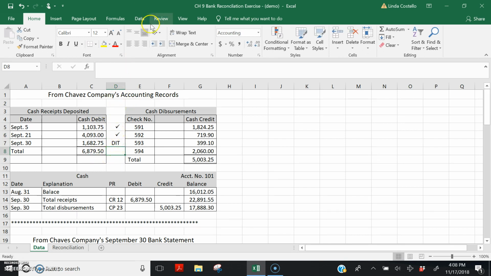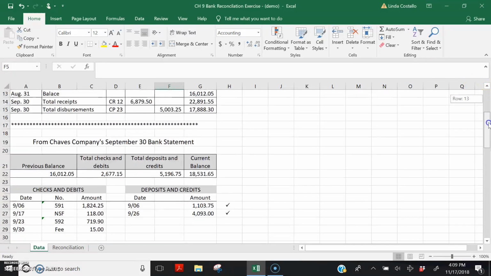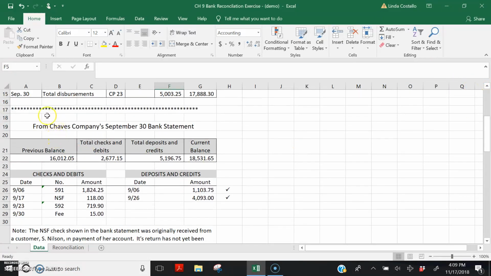The next step is to look at the cash disbursements per the books. The first check we wrote in September was check number 591 in the amount of $1,824.25. Has this check cleared the bank? Yes. You can see the same check number and amount on the bank statement details posted on September 6th.